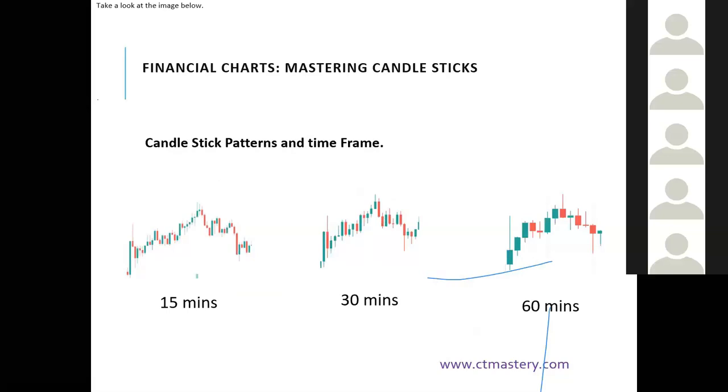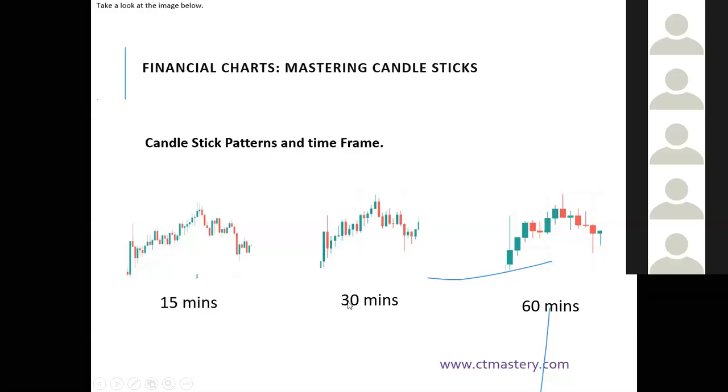Candlestick and time frame. I've talked about different candlesticks. I wish this could be bigger. I don't know if you guys can see this well. What I'm trying to say here is, for this one, each of these candles represents 60 minutes.